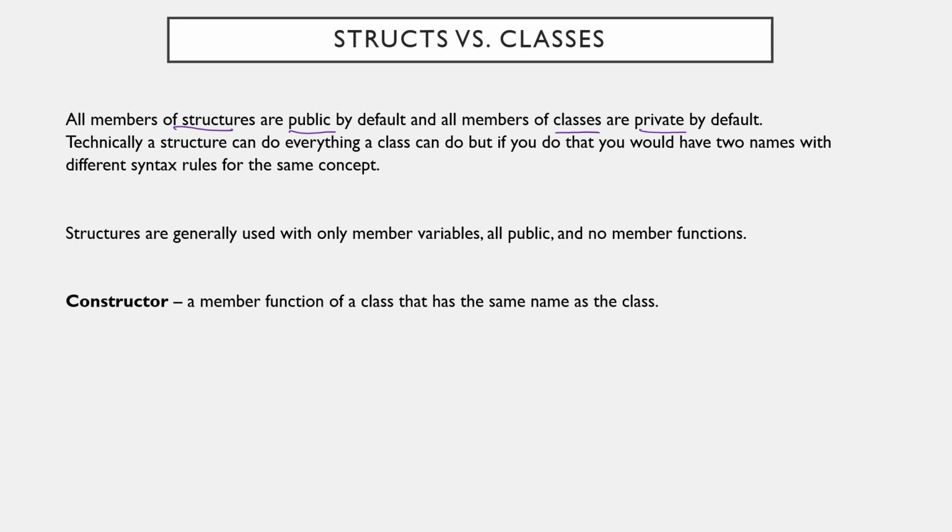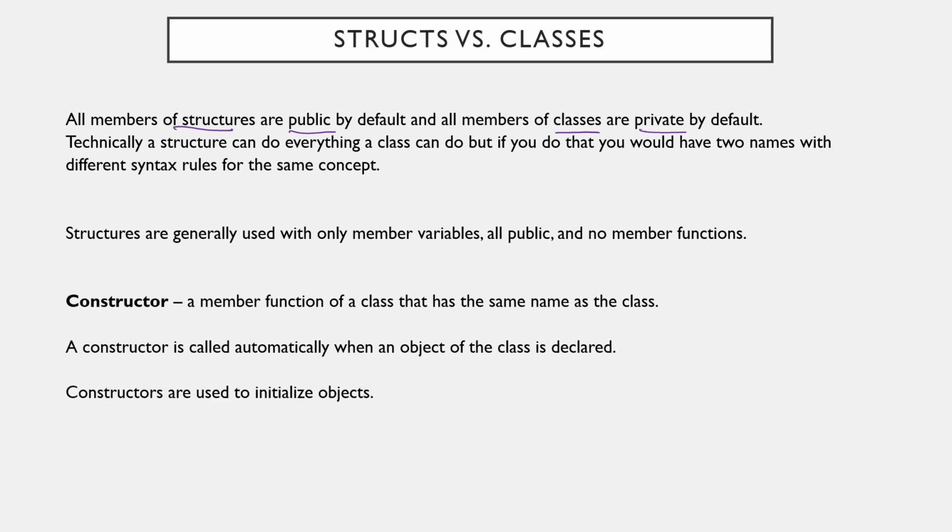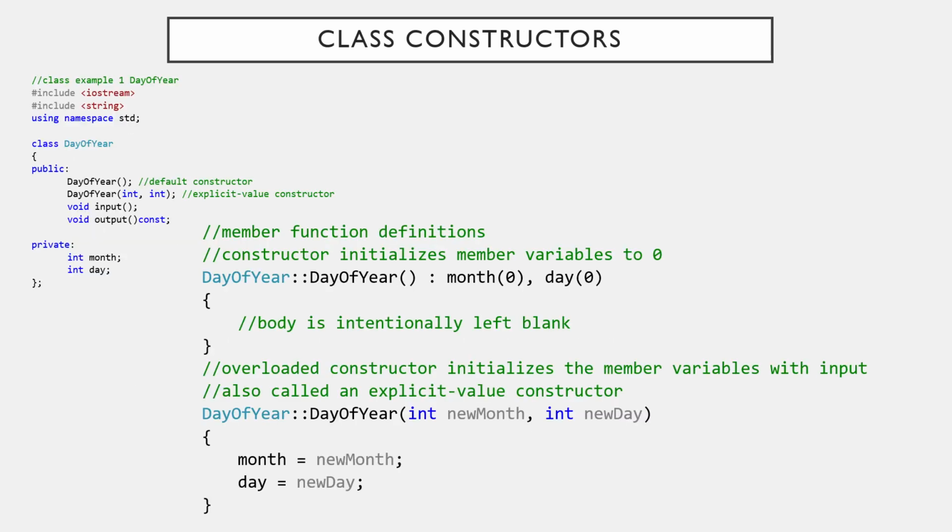A constructor has the same name as the class, and that is what happens when you declare an object of the class. The default constructor gets called. All classes should have a default constructor. As we saw in our other example, you can also have an explicit value constructor. All right, so here again is just reviewing the constructor.